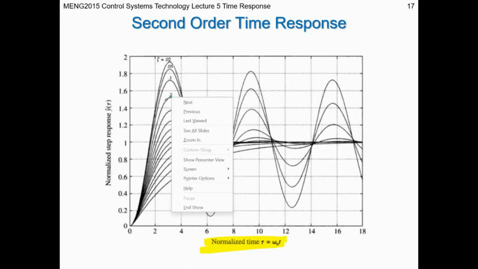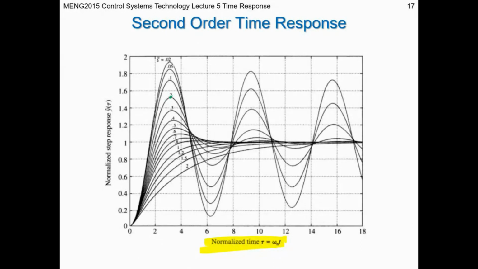Well, you can find 0.2 here. This is the peak overshoot here. So this is time to peak, and the time to peak is about 3, right? But notice, not seconds, it's normalized time, tau. So it's 3, whatever tau is. To get 3 in seconds, you have to divide by omega n. In fact, we should probably say this is tau peak.